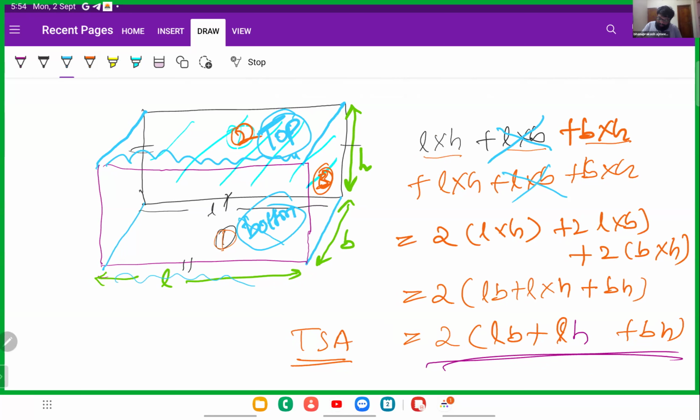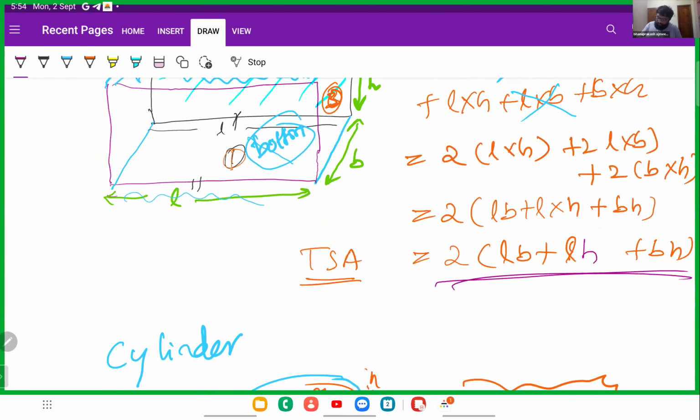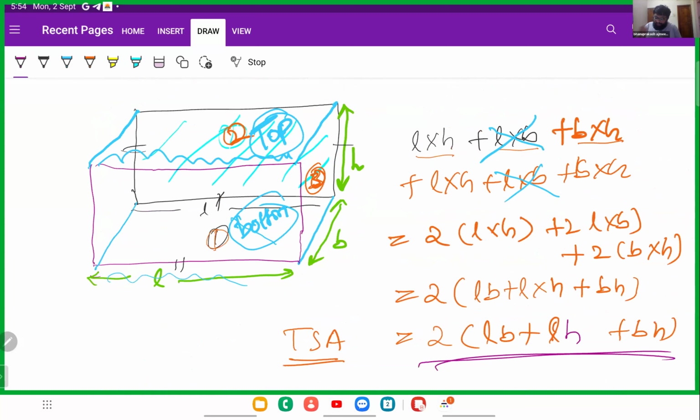Now, what is the remaining area after elimination of length into breadth? Length into height, breadth into height, 2 times length into height and 2 times breadth into height.